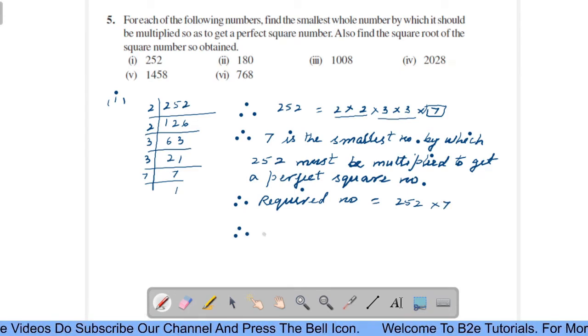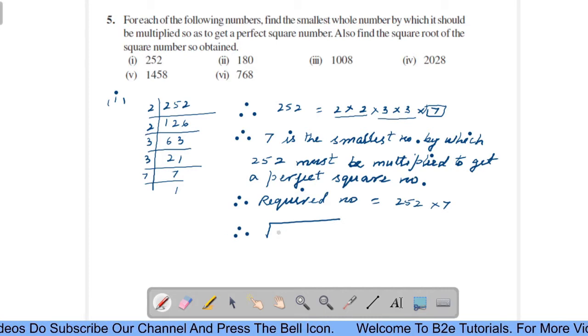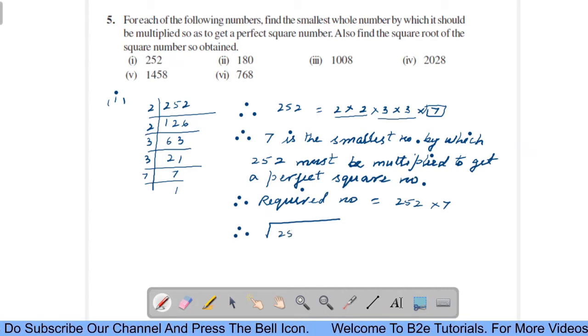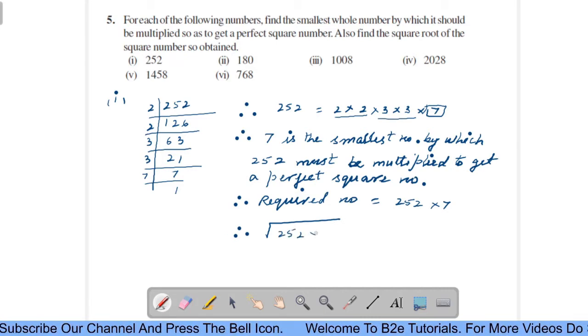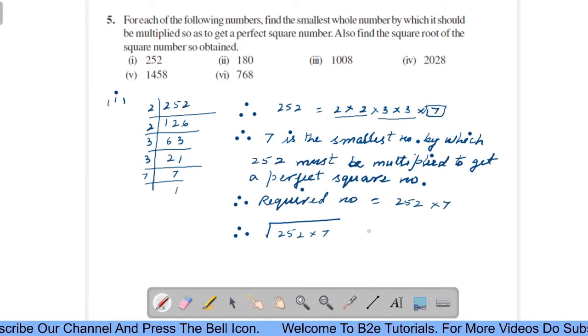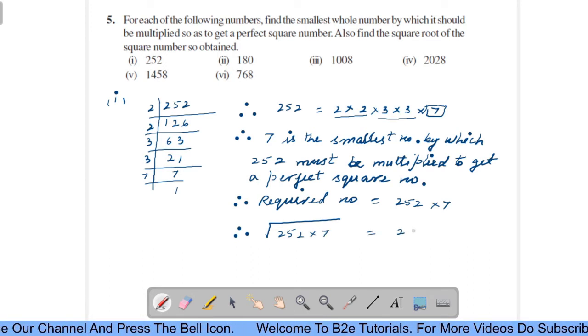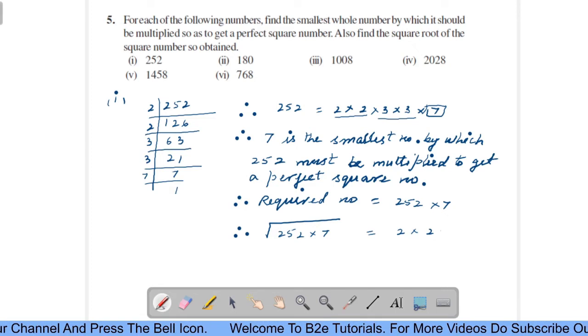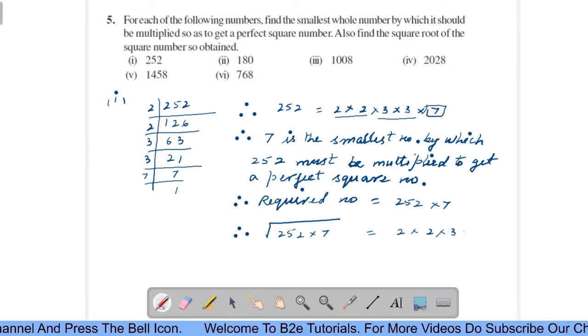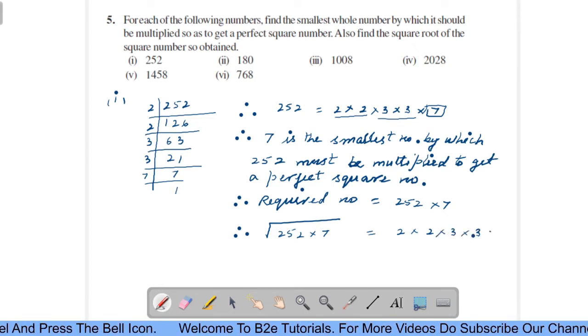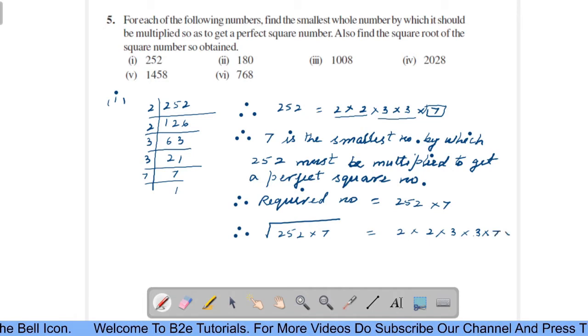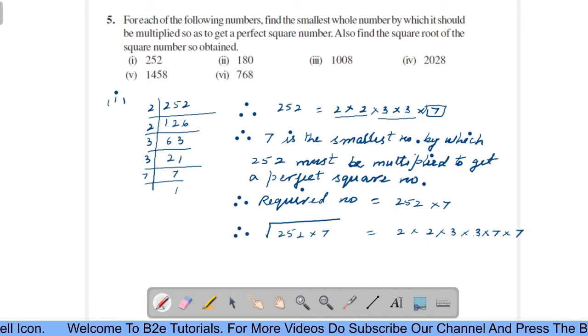Therefore, square root of 252 into 7 equal to 2 into 2 into 3 into 3 into 7 into 7.